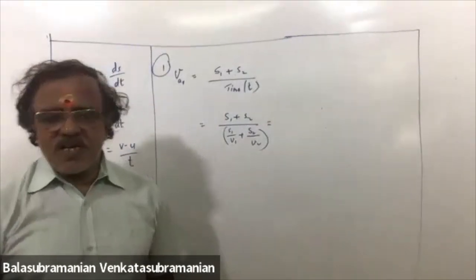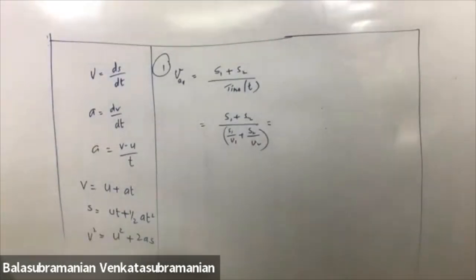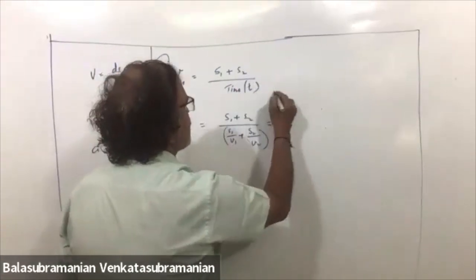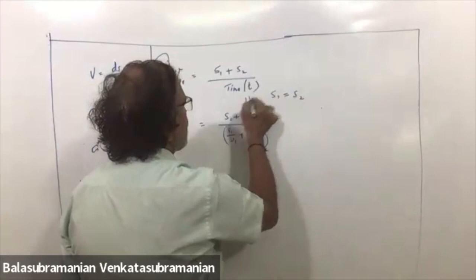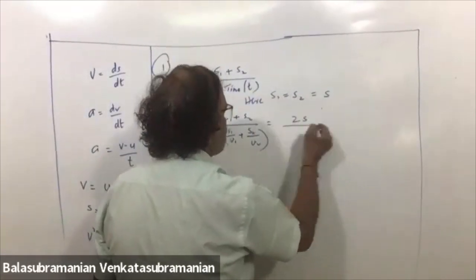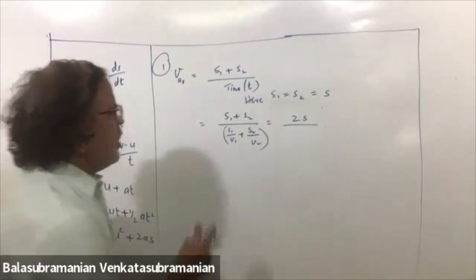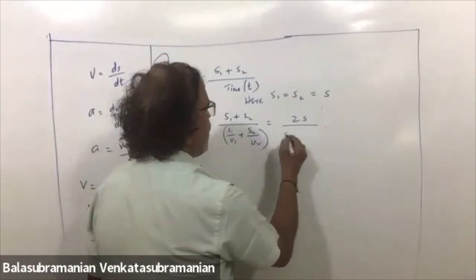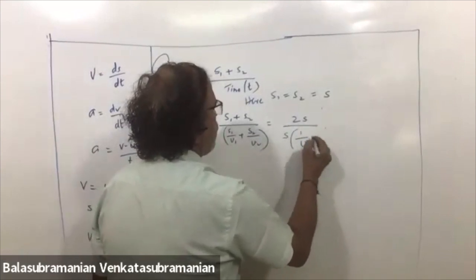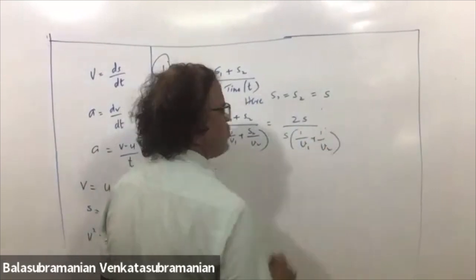Correct? What are the data given? Here, first 30 kilometers, next 30 kilometers. So I can write S1 is equal to S2, total 2S. Here S1 and S2 both are the same. Take S out: 1 by V1 plus 1 by V2.